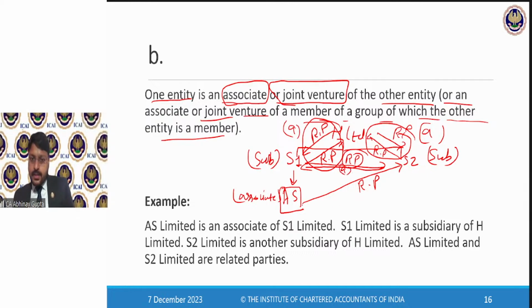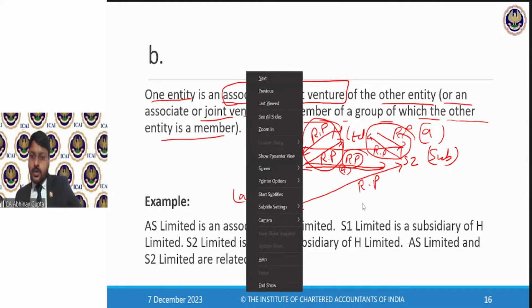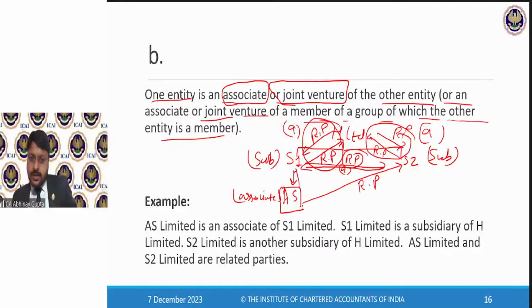Now, clause B, apart from clause A relationships, is saying that an associate of any subsidiary will be a related party. To the subsidiary itself, yes or no? Yes, related party. To the other fellow subsidiary, yes or no? Yes, related party. And to the holding company, yes or no? Yes, it is a related party.